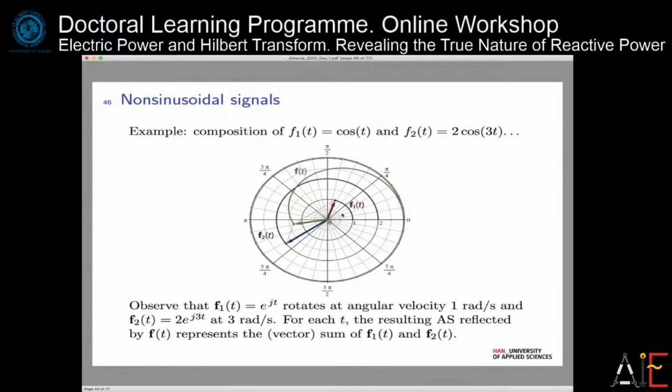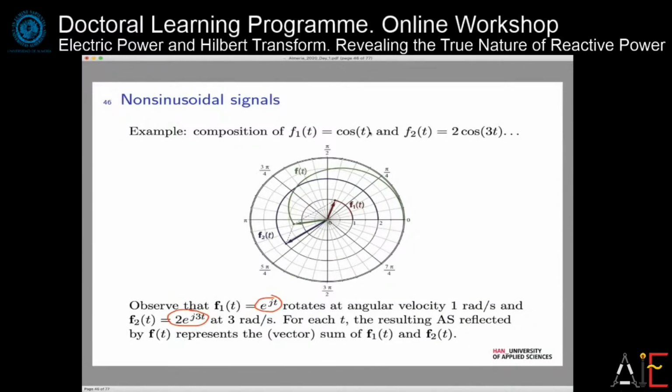Then what you see here is that if I take the analytical signals of these things separately, then for this one, this will be my analytical signal, and for this one, this will be my analytical signal, or my time-varying rotating phasor, if you like, but at different frequencies.